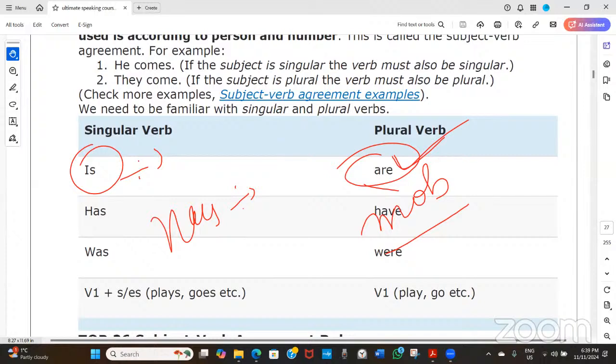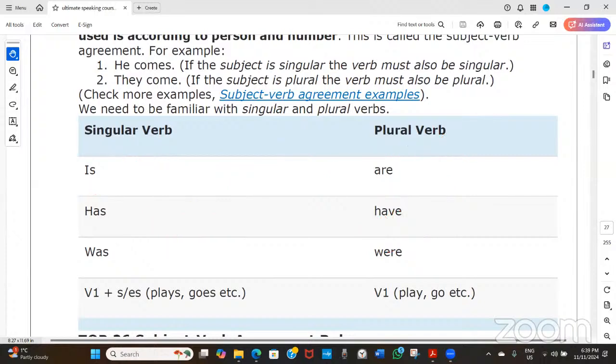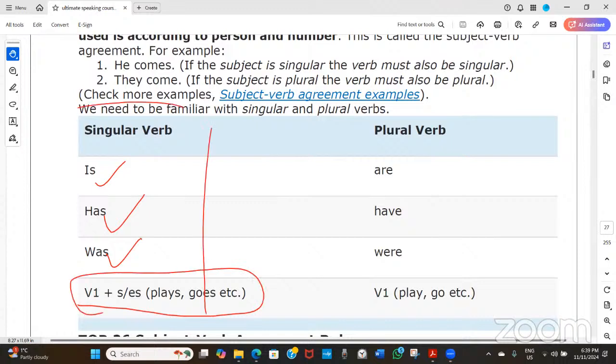So, depending upon the thing that we are talking about, if there is more than one person, we will use a plural verb. For the singular, we'll use a singular verb, like is, has, was, the verb's first form then s or es. For the singular, they all will be called singular verbs.